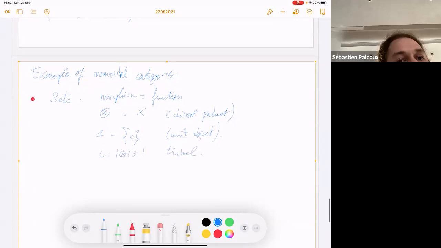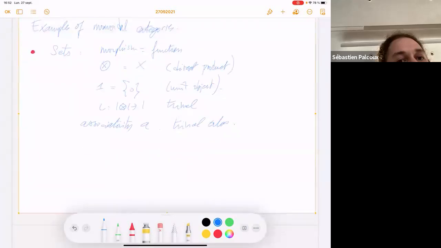And the associativity constraint is trivial also. So everything works trivially in this example.